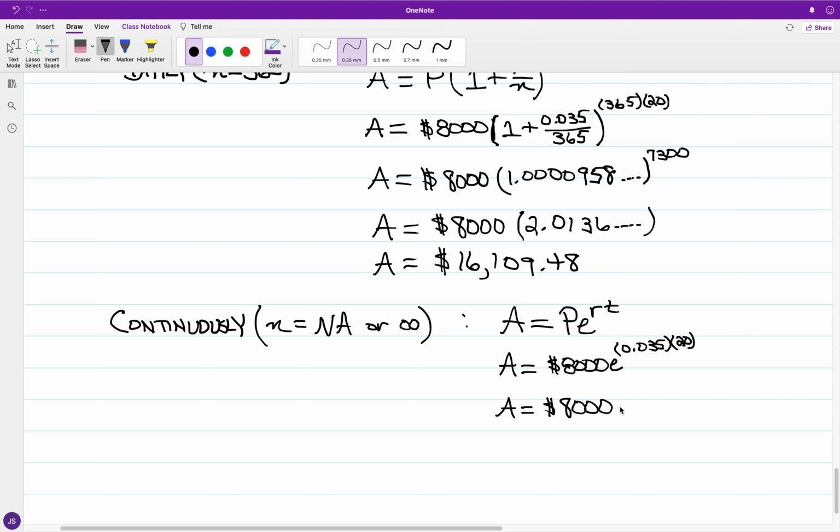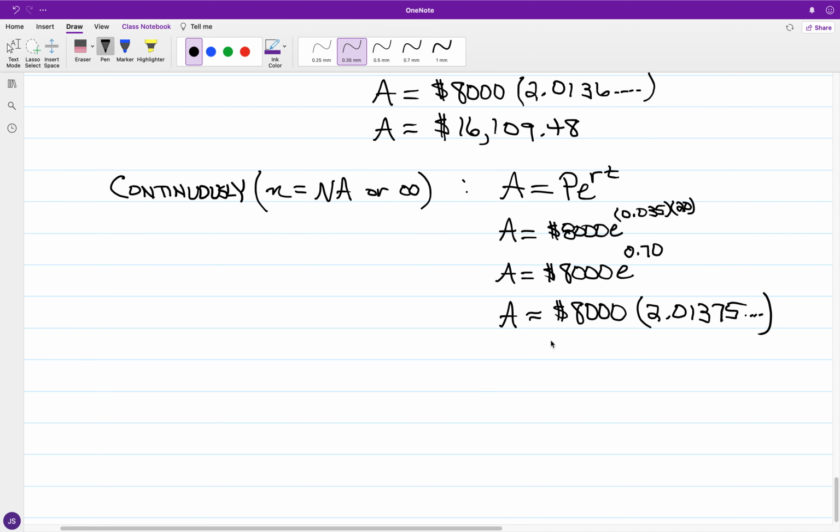So you have $8,000 times e, and you multiply together r and t. The product of 0.035 and 20 is 0.7, or 0.70. And so e to the 0.7 is like 2.01375.